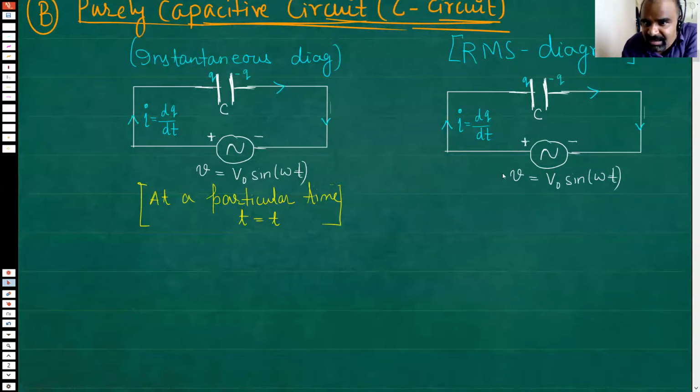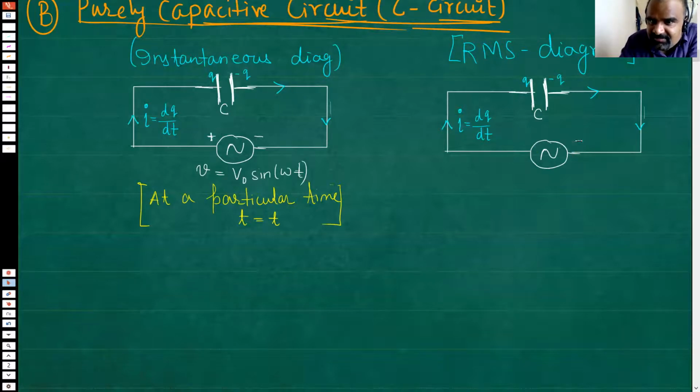For example, I have to delete this part. Why? Because the voltage at that moment we can't show. We have to delete the positive and negative terminals, because positive and negative terminals keep changing. We have to delete these arrows, because the direction of the arrows keeps changing. Then we have to delete this charge, and this current also, let me delete.